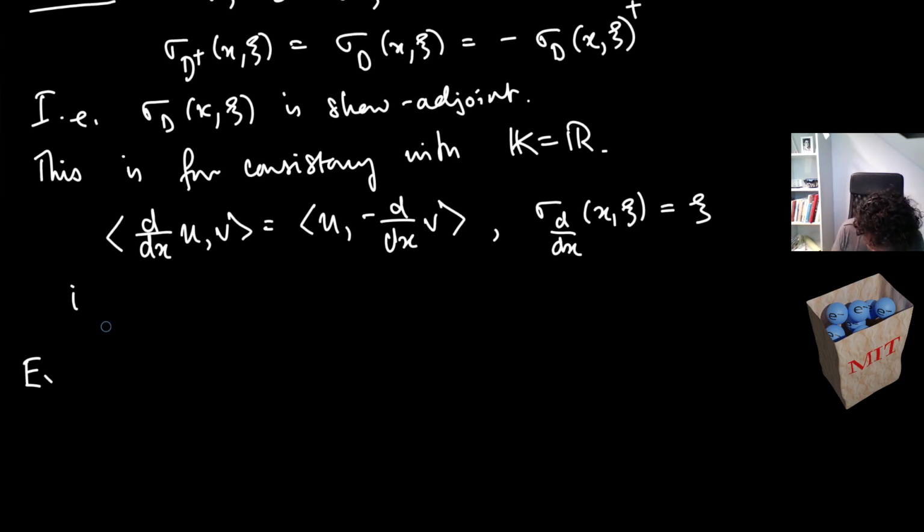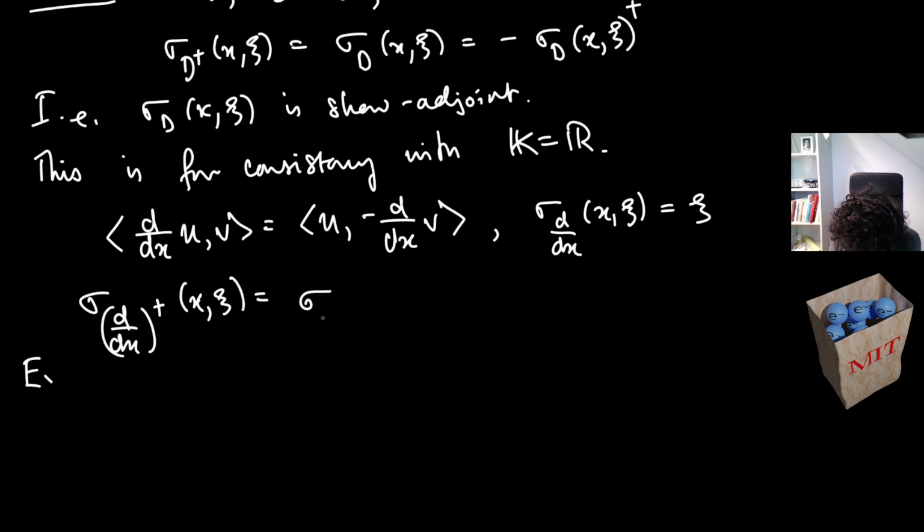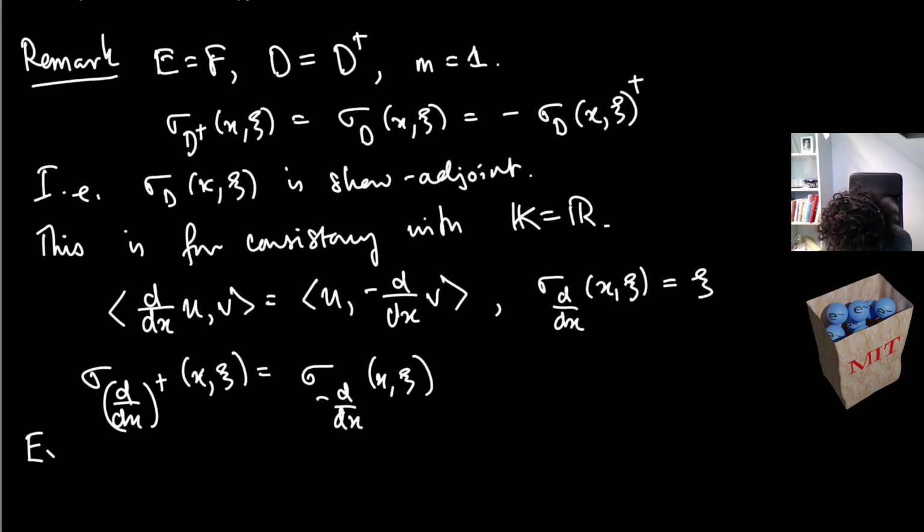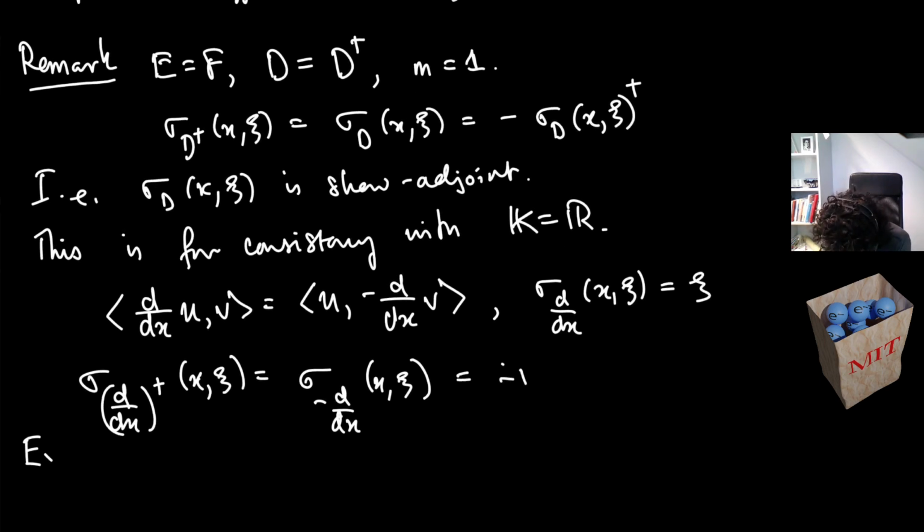Maybe I'll write it out. So we only have one object here, which is d on dx, perp, and this here is going to be equal to negative d on dx, xi. And so what we have here is that this is equal to negative 1 to the power of m, right?